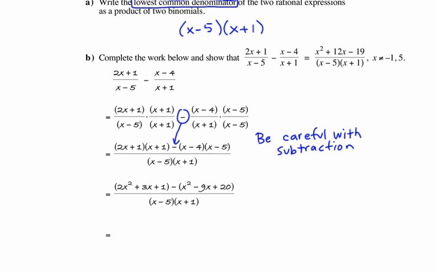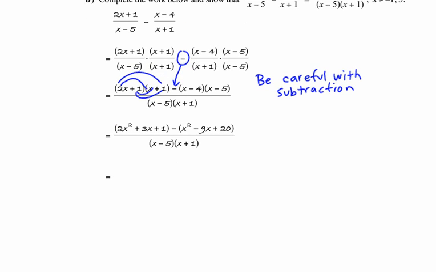So what did they do to get this? They FOILed, right? So it was 2x times x. You with me, Stacy? Yeah? Okay. And then 2x times 1, and 1 times x, which gives us 3 x's, a 2x and a 1x, and then a 1 times 1. So they FOILed both of these. Now notice that we want to keep the brackets even though expanded.